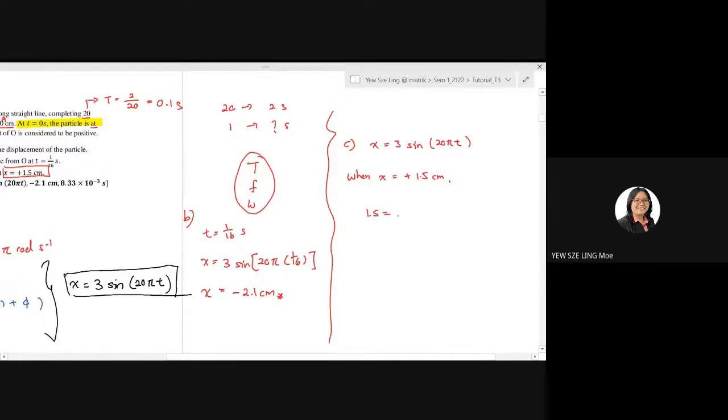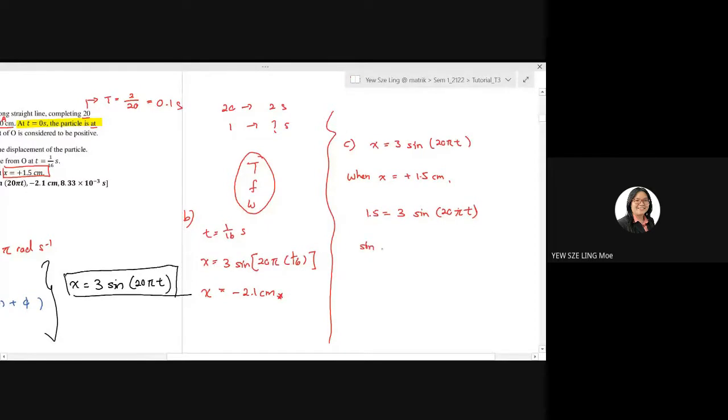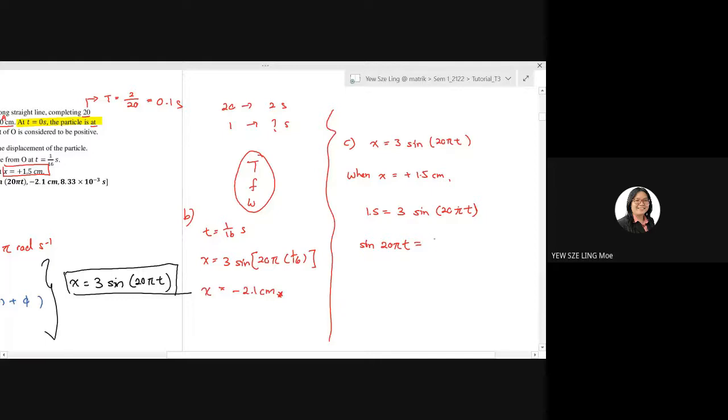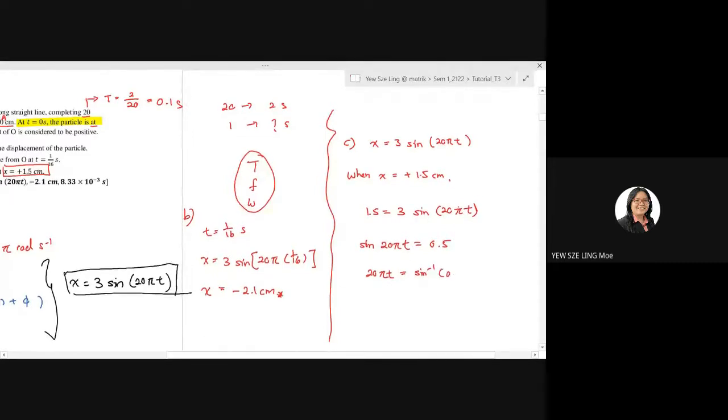So 1.5 equals 3 sine 20 pi t. Rearrange the equation, I have sine 20 pi t equals 0.5. So 20 pi t is then equal to sine inverse of 0.5. And this one will give you more than one answer.